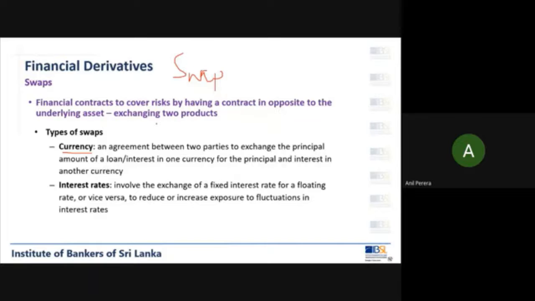Let me tell you an example. Let's say a commercial bank borrows from abroad. He takes a loan from abroad, let's say in dollars, right? He takes this loan, let's say $10,000, a very simple amount, a loan. Now, when he receives this loan from the international counterparty, he gets dollars.